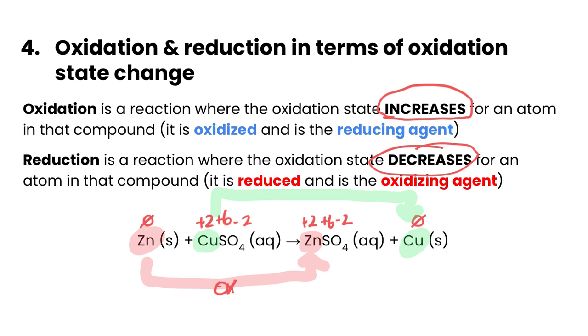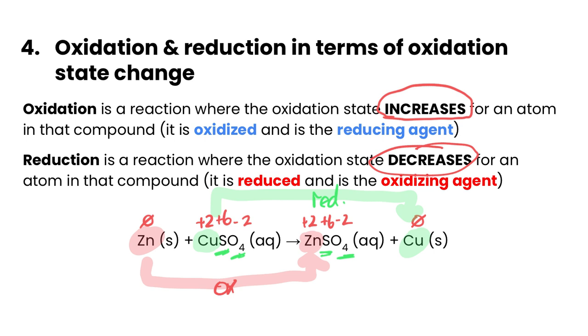So it is going down in oxidation number, which means it's being reduced. If you looked at the sulfur and the oxygen, they're not changing between reactants and products. And so that means they're not part of this redox reaction. Nothing's happening to them. It's zinc and the copper that are changing in oxidation states, which is what is telling us what is being oxidized and reduced.